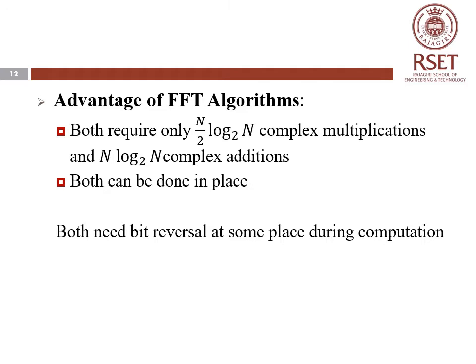Consequently, we require only a fixed amount of storage, that means 2N storage registers in order to store the results of N complex numbers. Since the same 2N storage locations are used throughout the computation of the N-point DFT, we can say that the computations can be done in place. And both decimation in time and decimation in frequency need bit reversal at some place during computation.